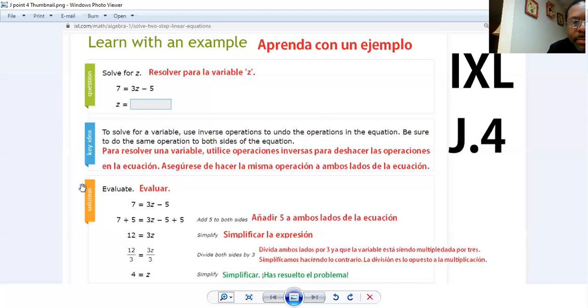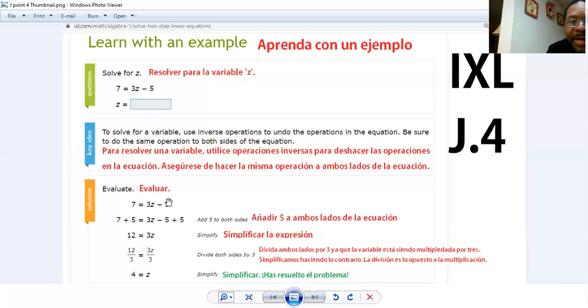Good. So we're going to evaluate. 7 equals 3Z minus 5. 3Z is really 3 times Z. We're going to begin by moving this 5, and we're going to do the opposite.